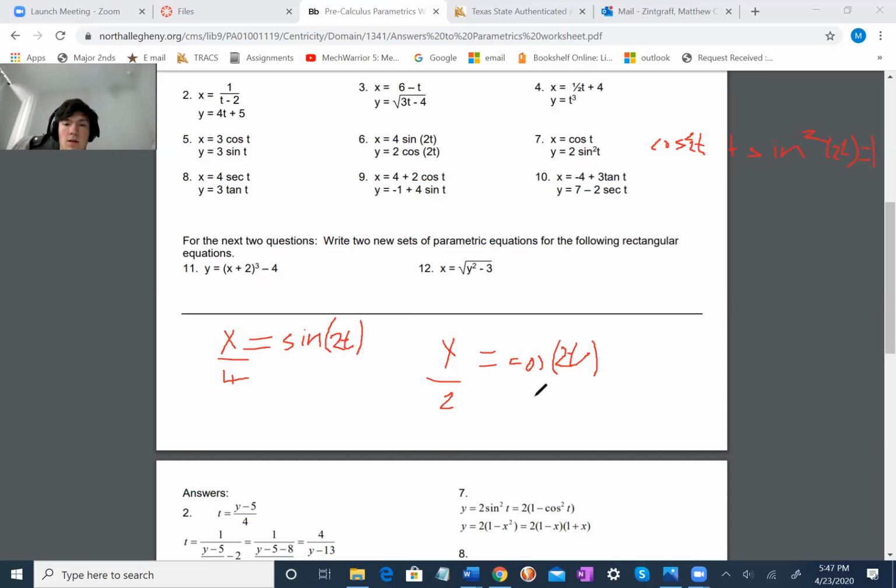Okay, so remember cosine 2t is y over 2. So that's going to be y over 2 squared. And then plus, remember sine 2t was x over 4. So that's going to be x over 4 squared is equal to 1.